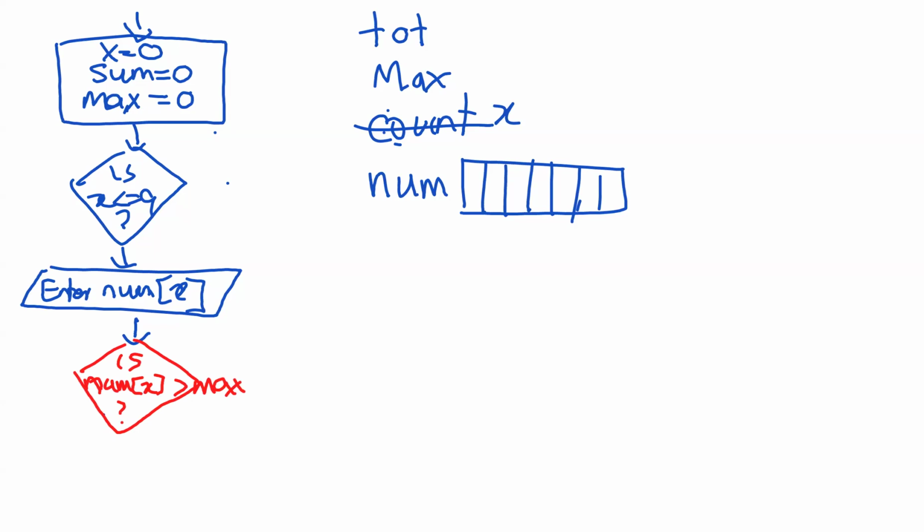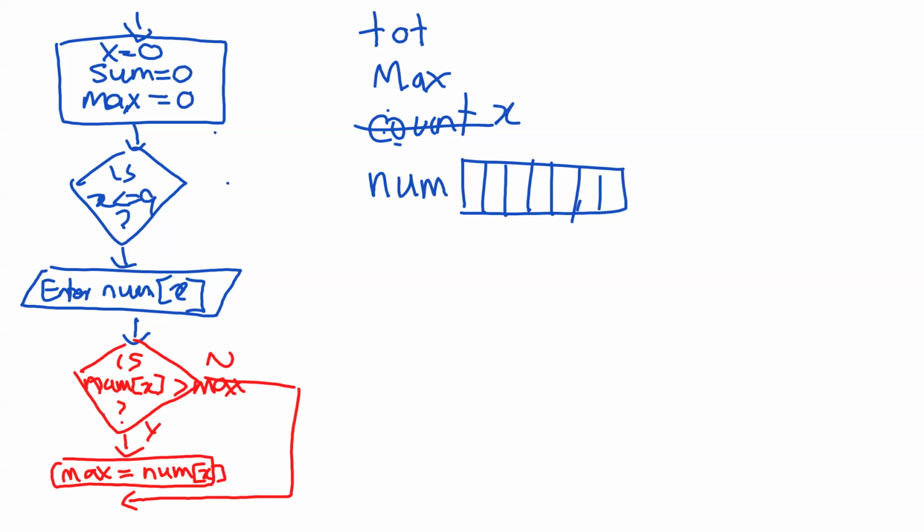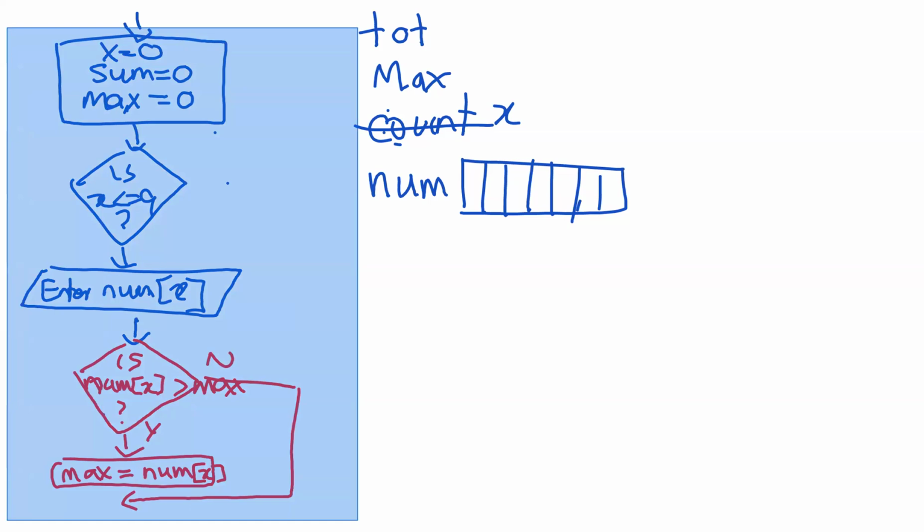We have a max value already. If it is the first number, max is 0. If the number is greater than max, then we say max equals num x. If it is yes, do this. If it is no, nothing to do.